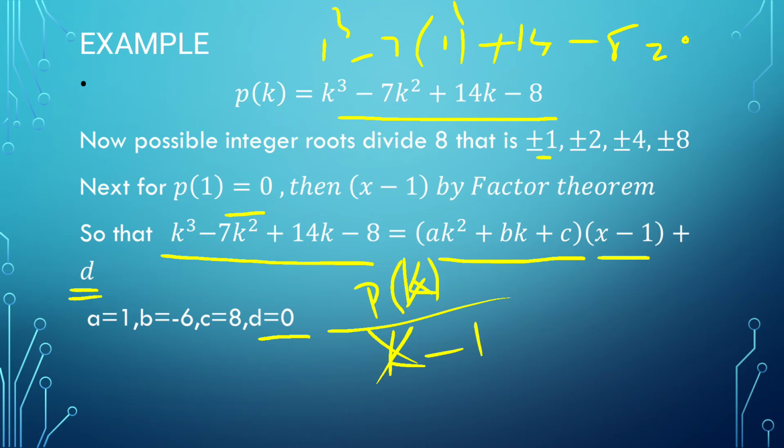So you do, if k is equal to 0, that becomes 0, 0, 0, 0, negative 8, so you have c left, and so you have c times negative 1. If you expand, you'll find that a is 1, b is negative 6, and c is 8, and d is 0.